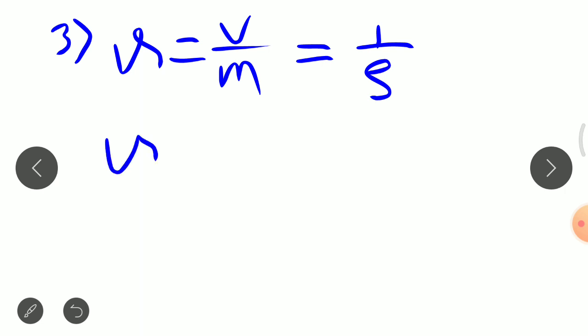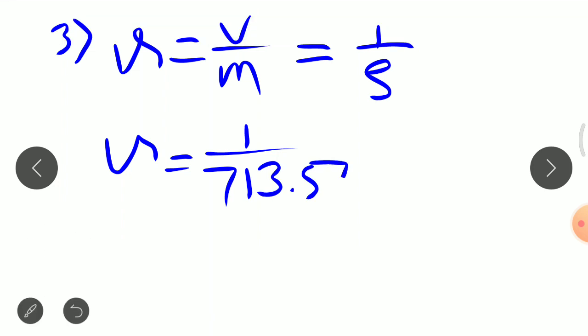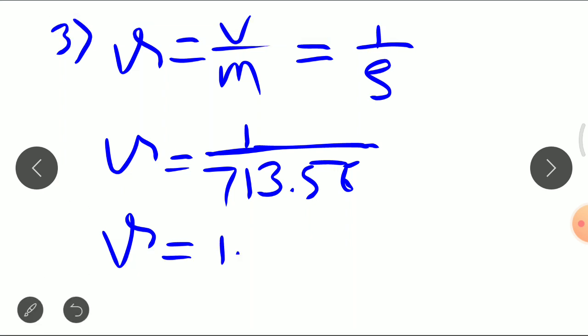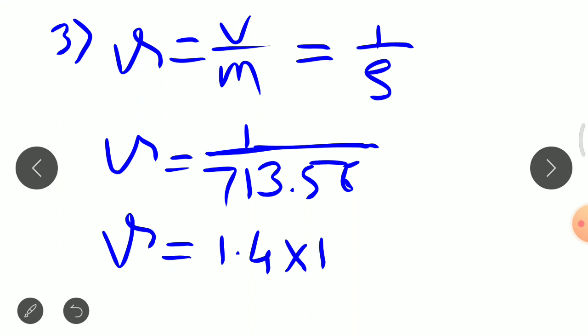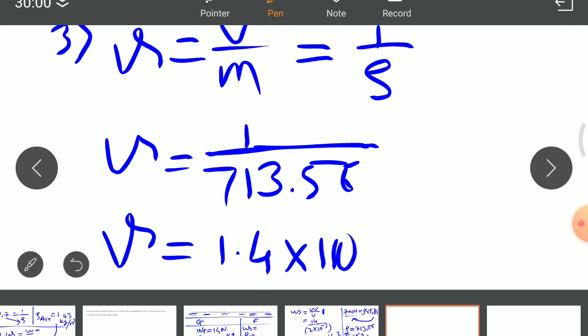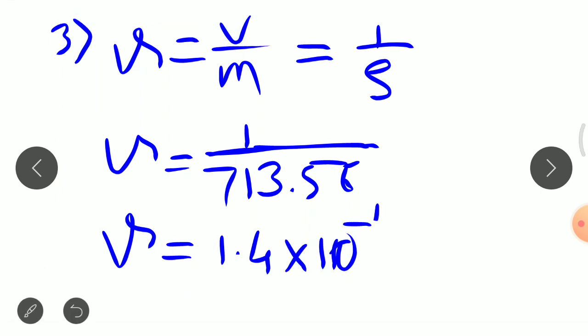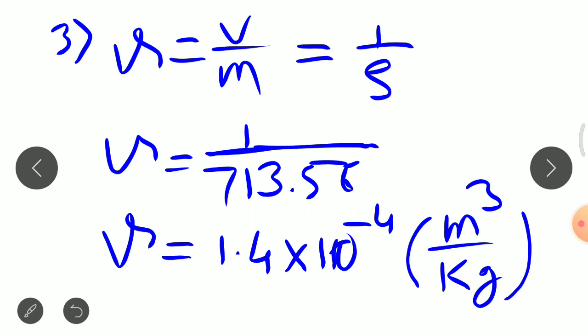Now we will put here small v is equal to 1 upon 713.56. Just put this value in the calculator and we will get specific volume is equal to 1.4 multiplied by 10 raised to minus 3, and the unit is meter cube divided by kg.